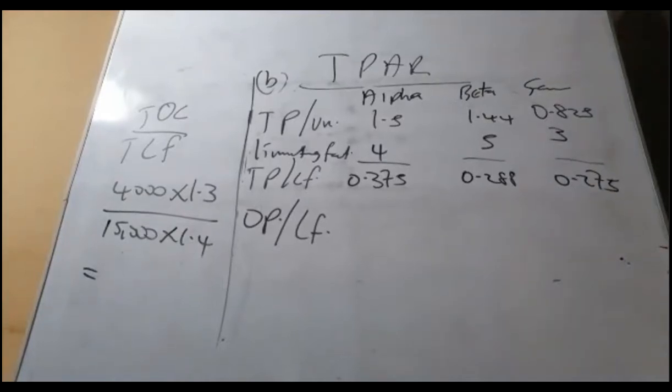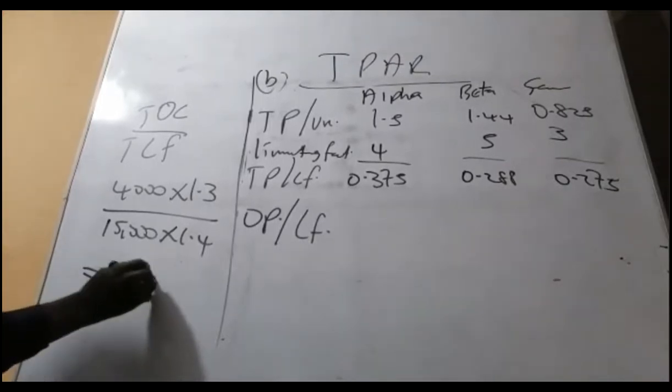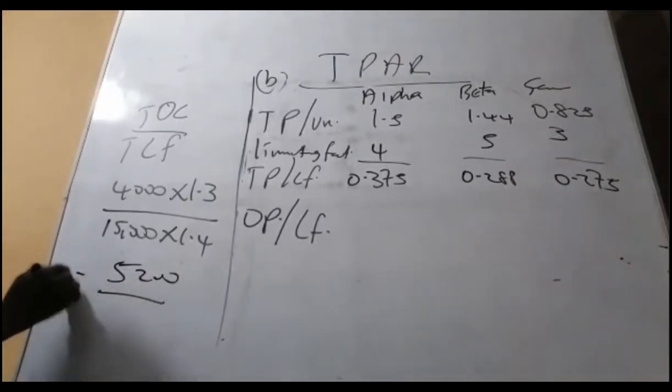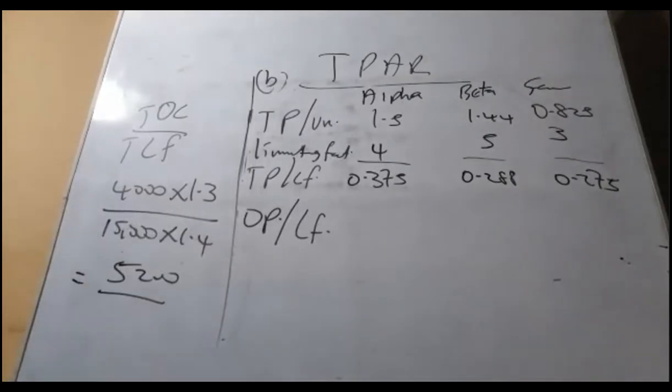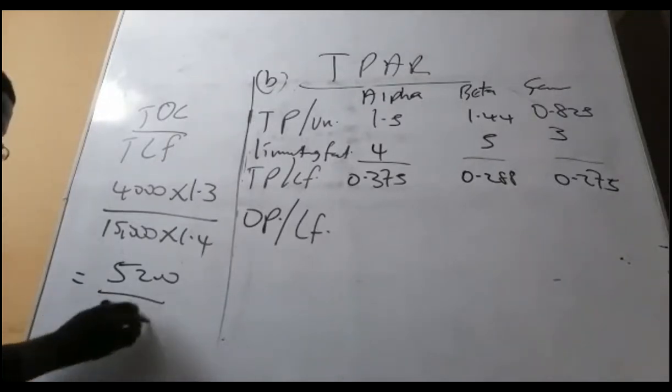So what do you get after doing this? Here we have 5,200 divided by the new total. 15,000 by 40% gives us 6,000. 6,000 plus 15,000 gives us 21,000.